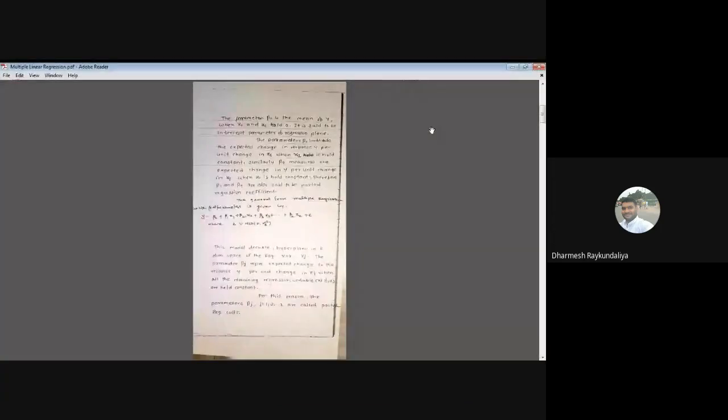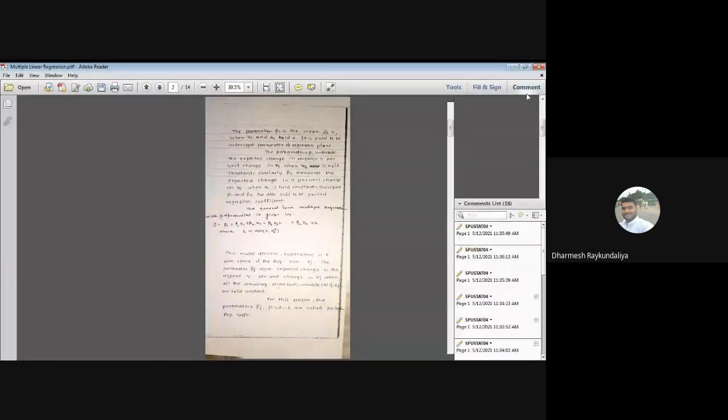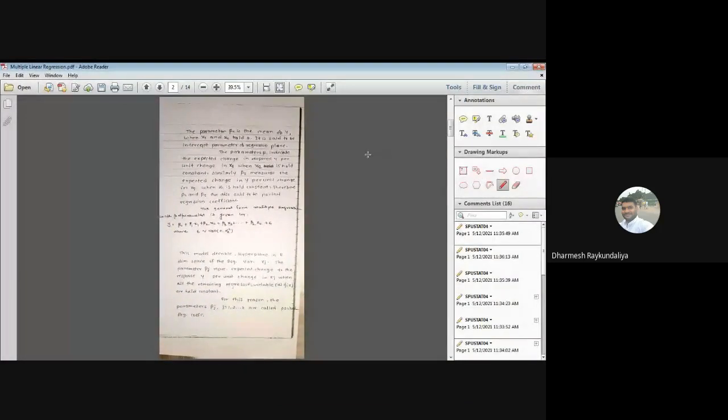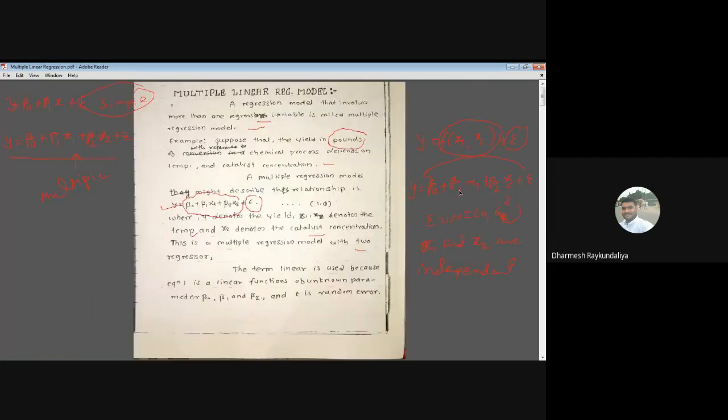Yes, sir. Okay. The parameter beta 0 is the mean of y where x1 x2 hold 0. तो आपका आगे वाला इक्वेशन में है बीटा 0 क्या मिलेगा?